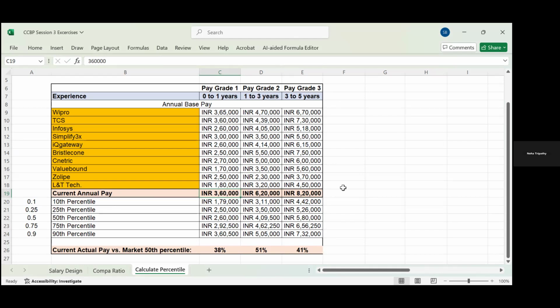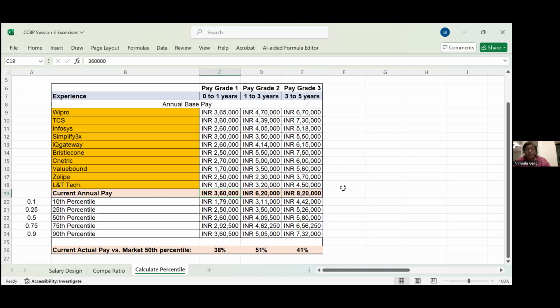Now, I want to know where I am vis-a-vis this market. I can interpret or make logical conclusions only when I convert this into a percentile format, right? Otherwise, I can't say. So you have converted your market data into a percentile format, and now typically you want to look at what the 50th percentile is saying: 2,60,000, but I'm paying already 3,60,000.